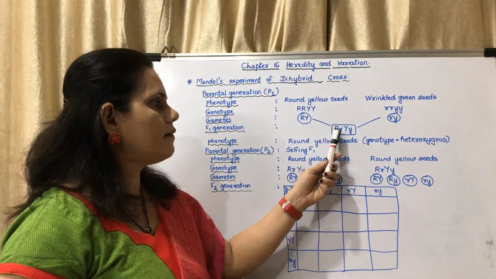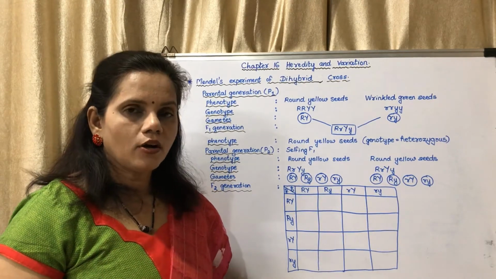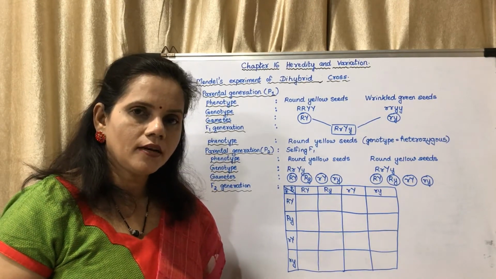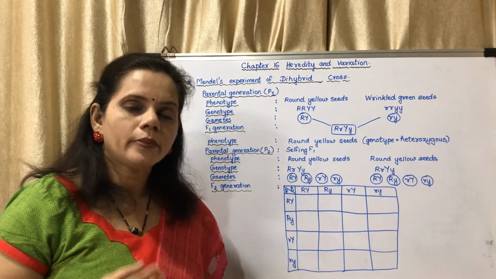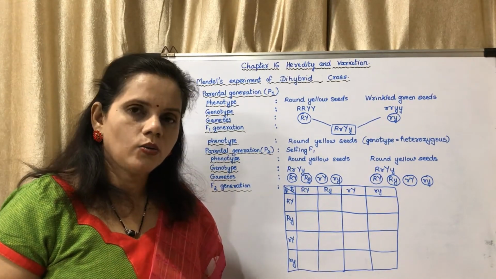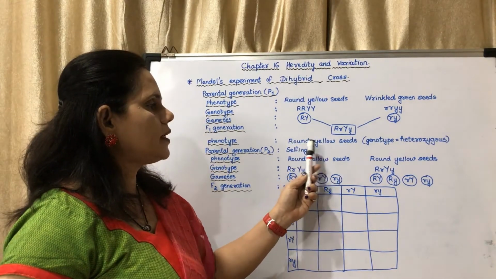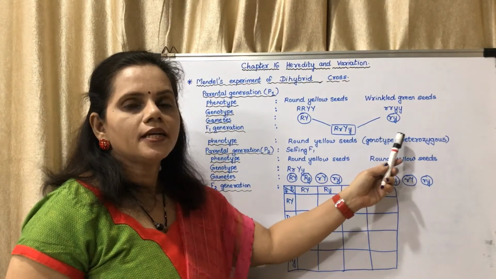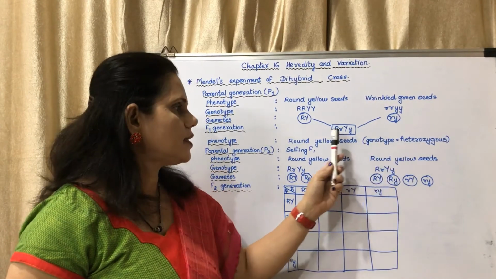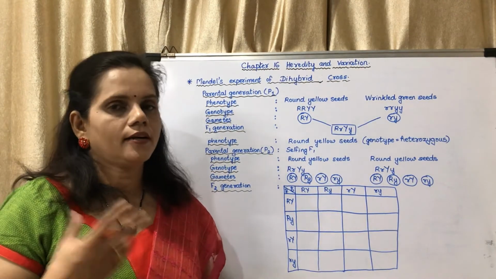Because they have one dominant gene for each: one dominant gene for color and one dominant gene for shape. What is the dominant characteristic? Round yellow. So all of these will have round yellow seeds. What is the genotype? The genotype is heterozygous because both the genes are different. Capital R, small r, they are different.